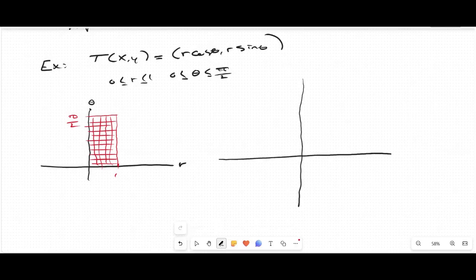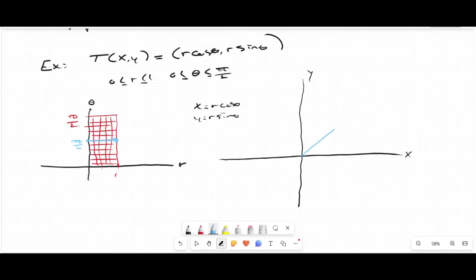If I put X and Y rectangular coordinates on the plane and I look at the transformation X equals R cos theta and Y equals R sine theta, well, if you fix a theta and you move along a line like this, so this is maybe pi over 4, what will X and Y do?